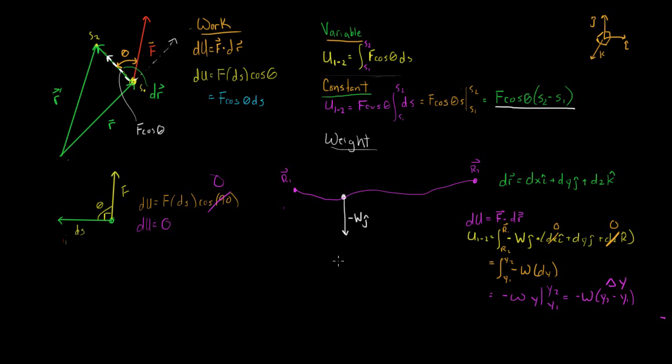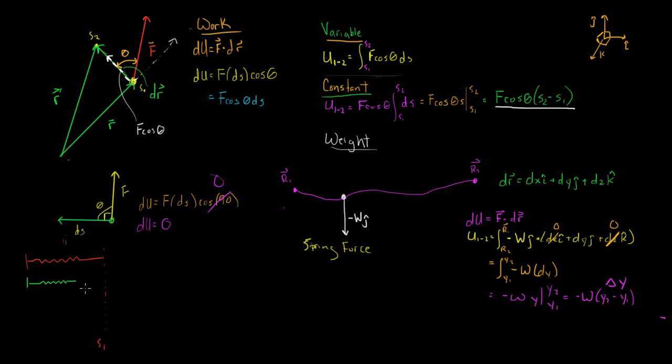All right, so the last force I want to talk about is the force of a spring. And with a spring force, let's first look at the springs we're talking about. So we're using compression and extension springs. And if we have a spring that's at an unstretched position, and it's at a position of S1, we can either apply a force that compresses it, and if we compress it, we're going to make it smaller.